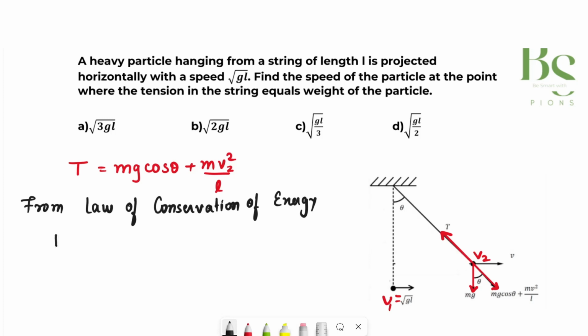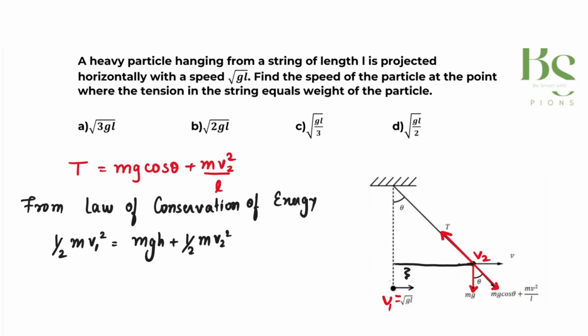So our pure kinetic energy is half mv1 square, and when it goes up, it will be the sum of potential plus kinetic at that point, mgh plus half mv2 square. Let me remind you once again, at the mean position there is only kinetic energy. When it goes up, at that point it acquires a height. Where is the height? It is this part. This is the extra height h.